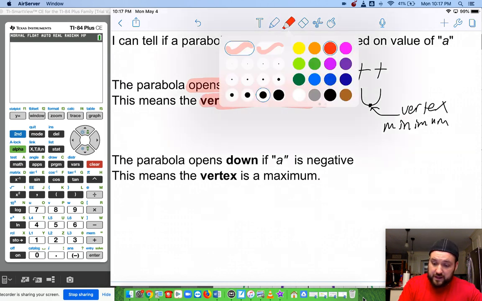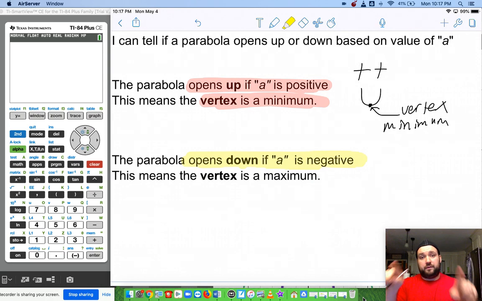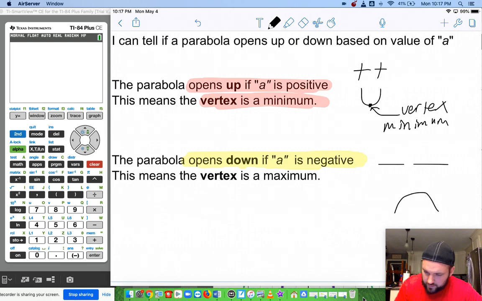And then the flip side of that statement is if the a value is negative, any negative number, the parabola is going to open down, so it's going to be kind of this sad face, where it continues down in both directions, and those eyes are a little crazy.